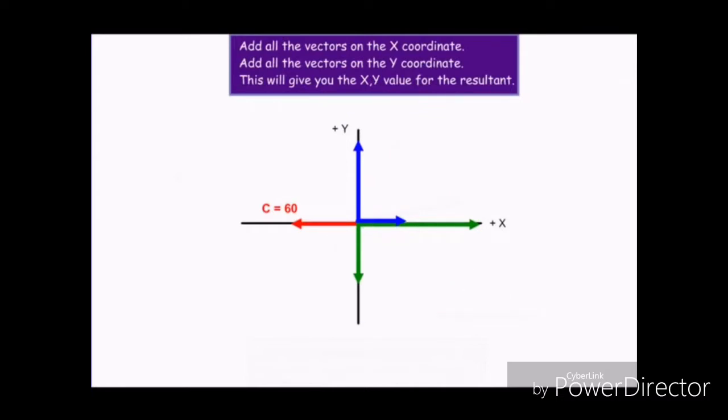So we're going to find the sum of all the vectors in the x direction. So that would be the x component of vector A and the x component of vector B. Remember, this would be done head to tail. And then vector C lies entirely on the x-axis, and that's in the negative direction, so we have to subtract that.